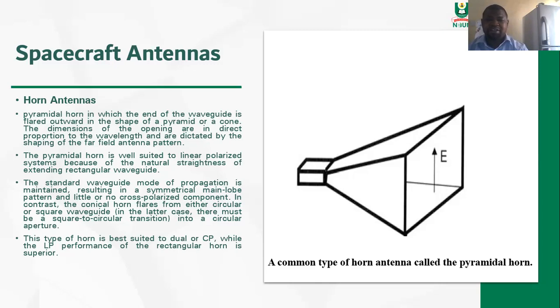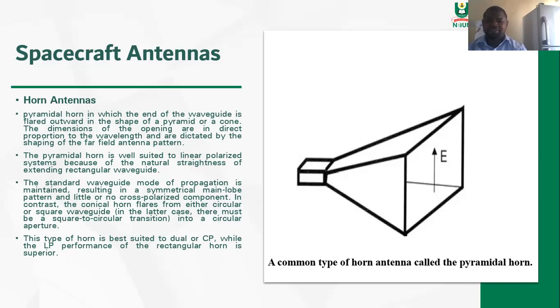The pyramidal horn is well suited to linear polarized systems because of the natural straightness of extending rectangular waveguide.